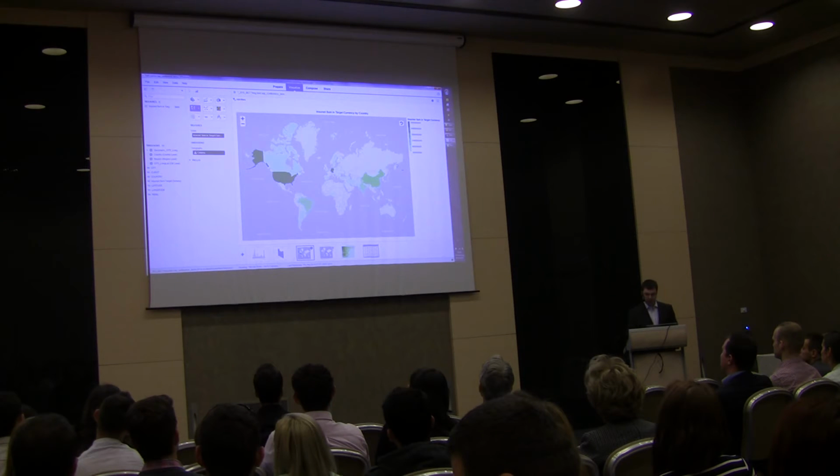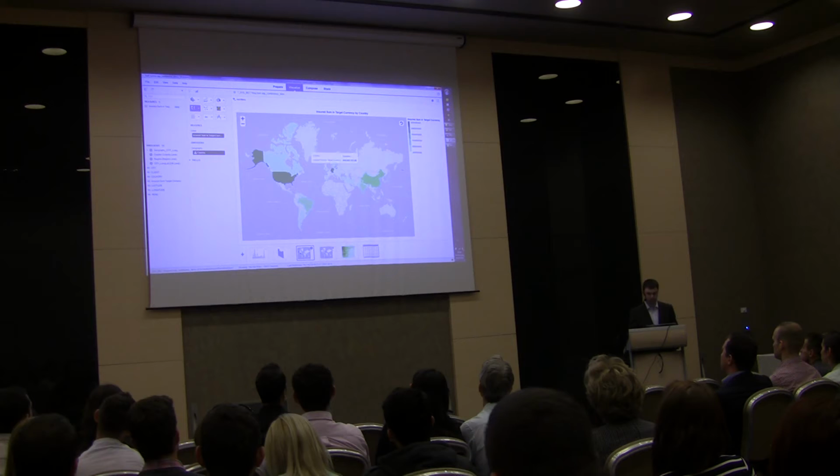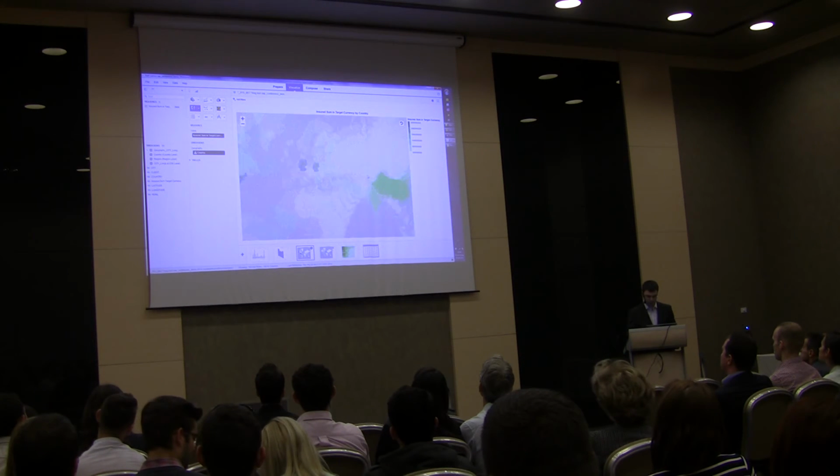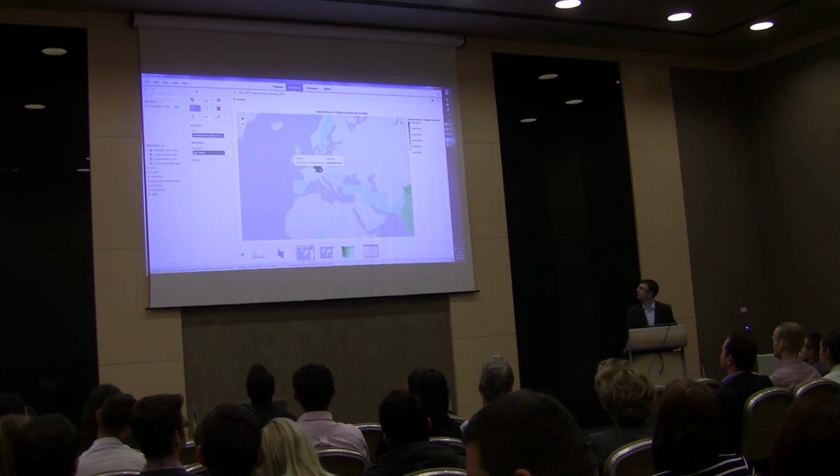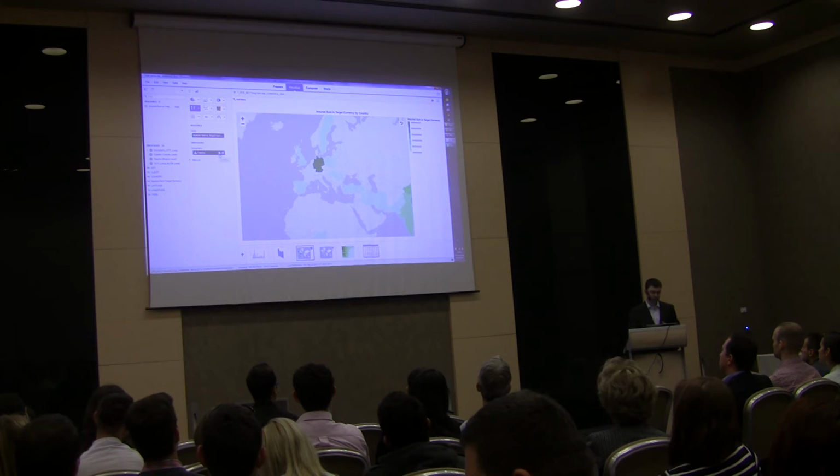Then the more interesting chart types, especially for insurance, are the geographic chart types. Here I have a simple chart where all affected countries are marked with the insured sum when I hover over it. And because of the geographic hierarchy I've defined, I can drill down.